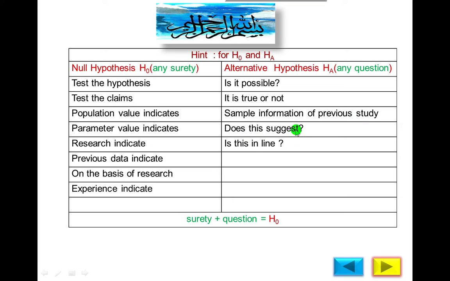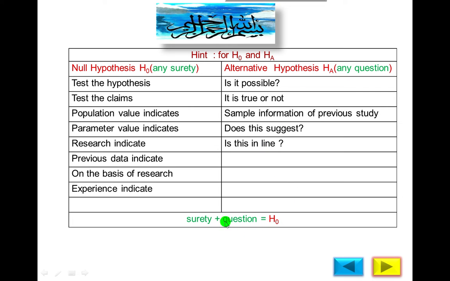Does this suggest, indicate or not? This is a question. Is this in line? So these words indicate a question, not surety. So a question or not surety indicates the alternate hypothesis.